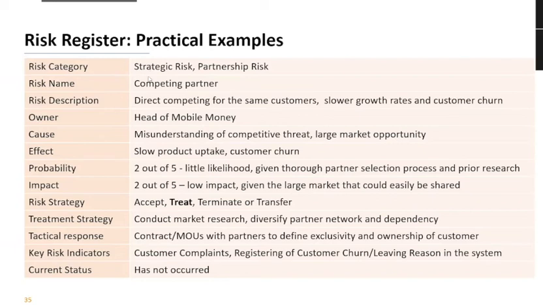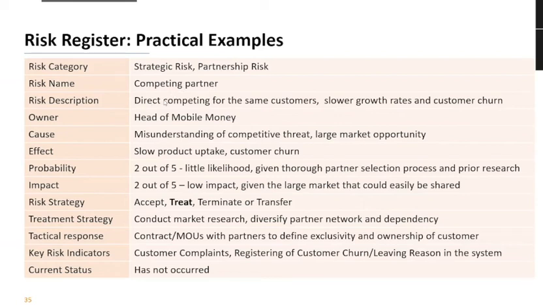First of all, let's imagine we have a situation where our partner, let's say a mobile app, starts to target the same customers that we are working with. So the risk category will be strategic risk or partnership risk. The risk name will be competing partner.